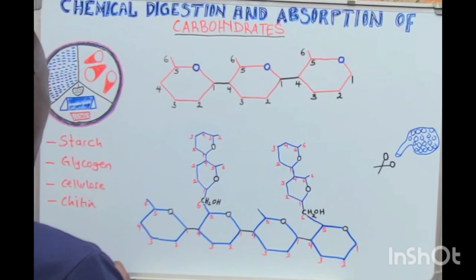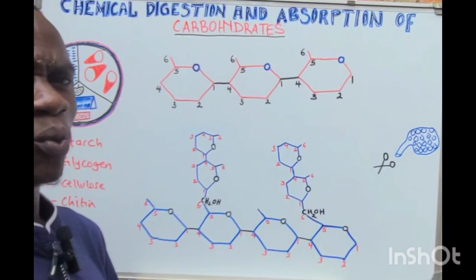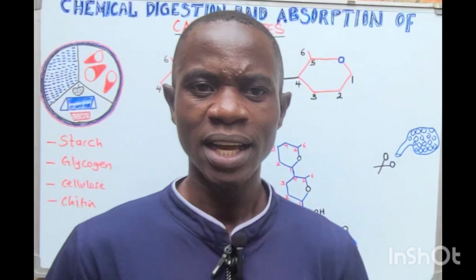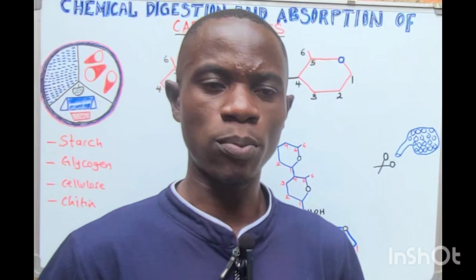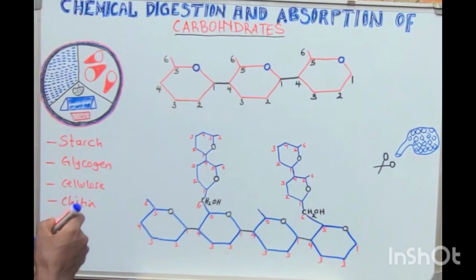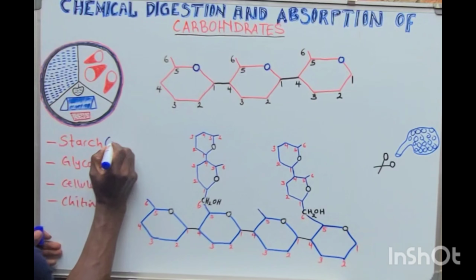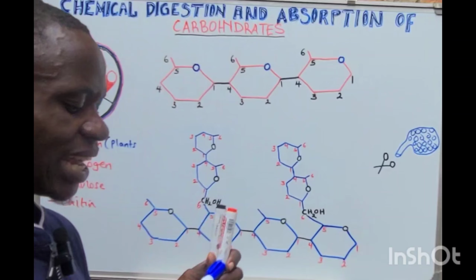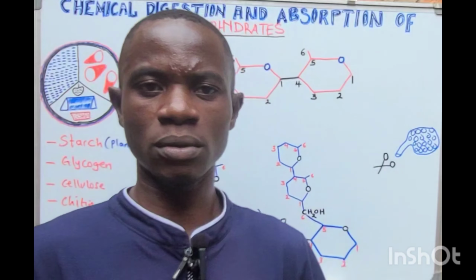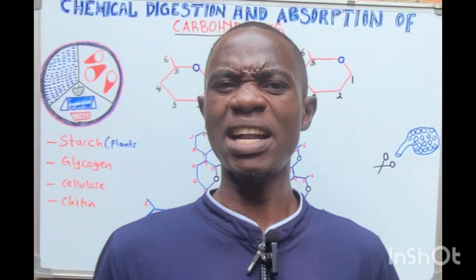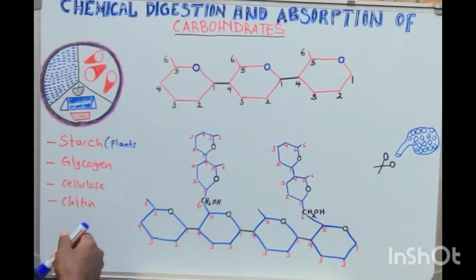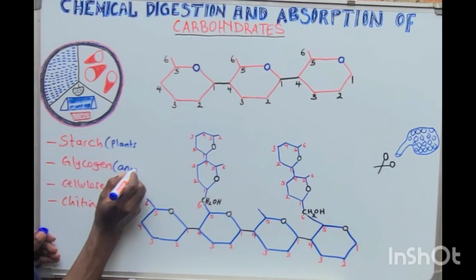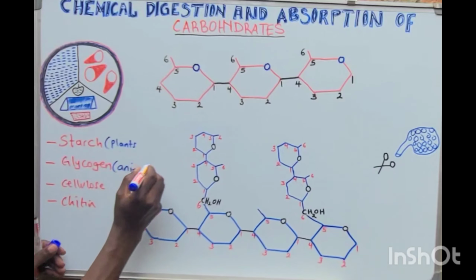Now starch is one of the most common digestible carbohydrates, and we get it from plants. Glycogen is a storage form of glucose in animals, so this carbohydrate comes mainly from animals.